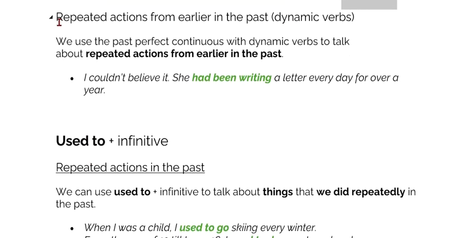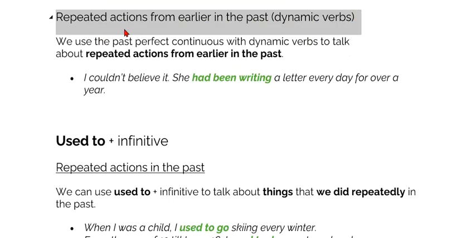The next point is that we can also use past perfect continuous to talk about repeated actions from earlier in the past. We have to use dynamic verbs because stative verbs do not take ing, but we can use dynamic or action verbs with ing.